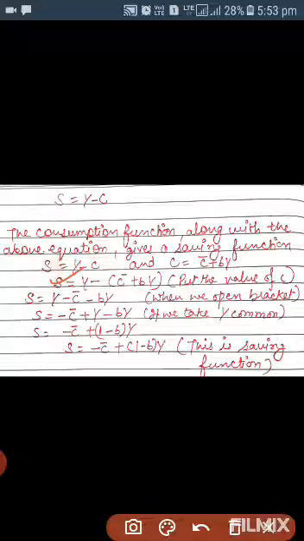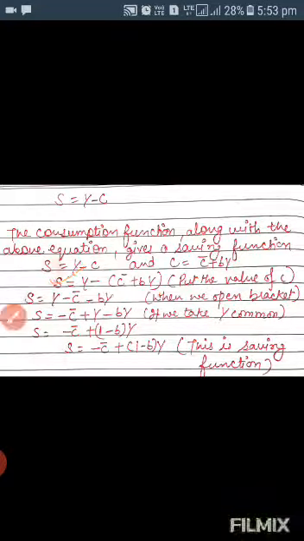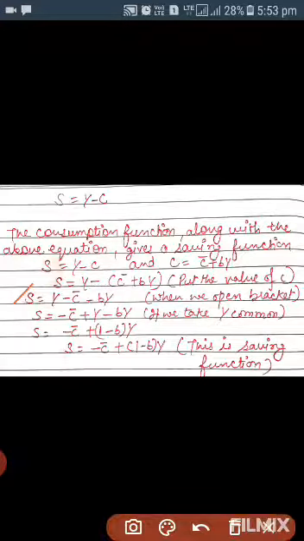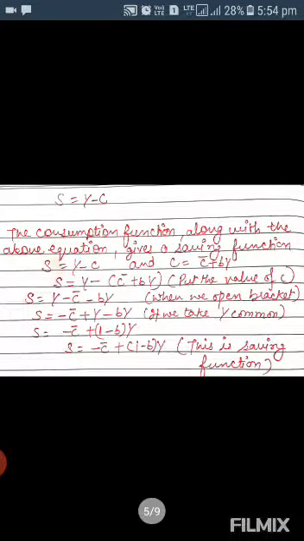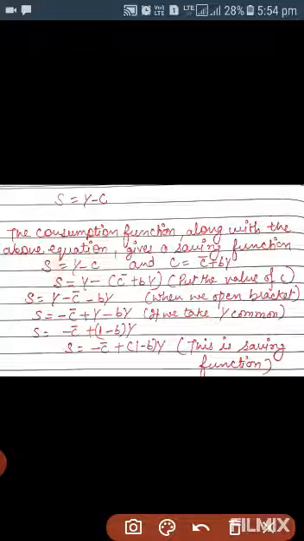After that, when we open this bracket, because of the minus sign, we get S = Y - C bar - bY. And when we take Y as common, we get minus C bar plus (1 - b) into income.